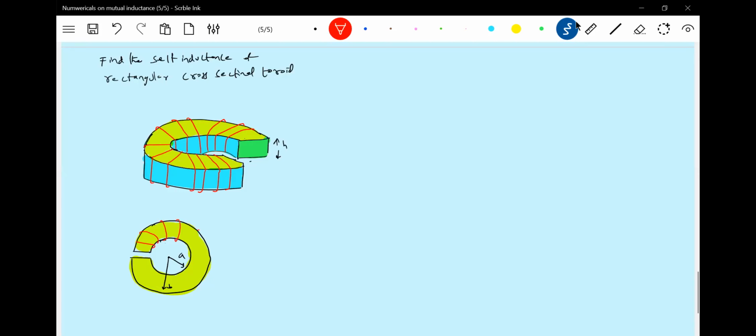Hope you can remember. Let n be the number of turns. Go back to Ampere's circuit law and get the formula for magnetic field inside this toroid. Once you know the magnetic field, then we can go for self-inductance like the previous problem. Let n be the number of turns, inner radius A, outer radius B.